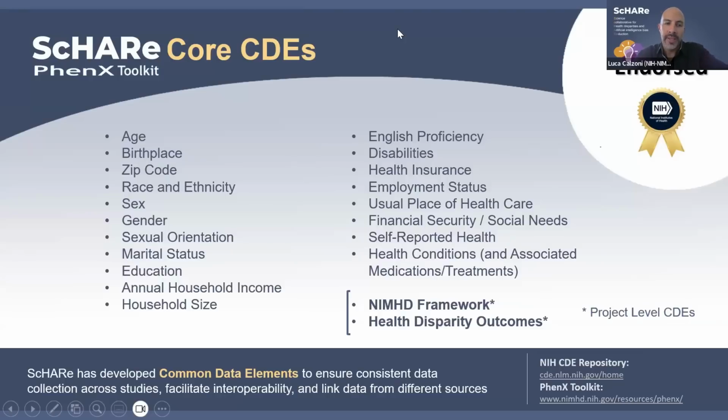So we have age, sex, gender, marital status, education, annual income, household size, English proficiency, etc. And these CDEs were approved and endorsed by NIH, so they are published in the NIH CDE repository, and they are searchable on the repository. So you can actually use the link to the right of the slide to access the repository and search for these data elements.